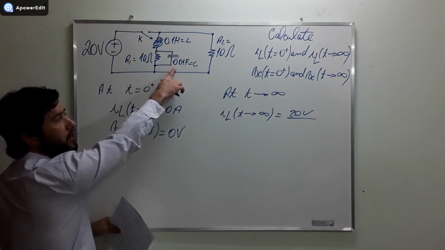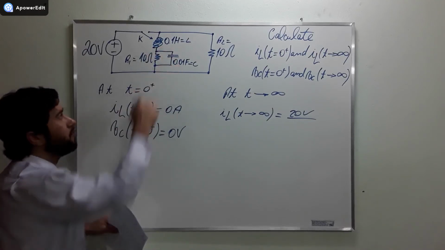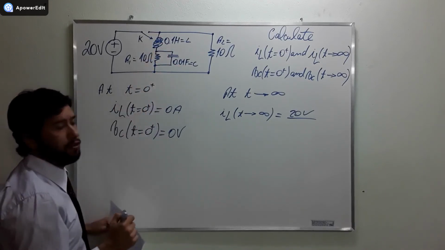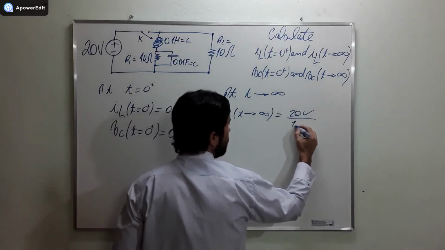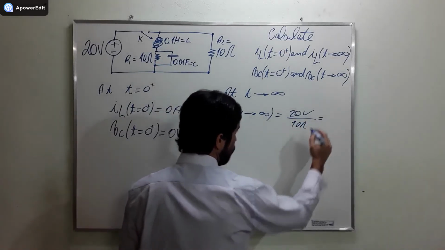Because the capacitor now is an open circuit, the current is not going to pass through the capacitor. The voltage is going to pass through the inductor and the resistor, 10 ohms. And this has got to be equal to 2 amperes.